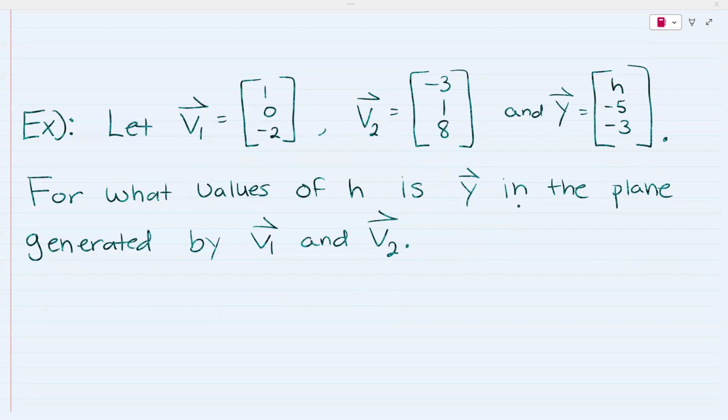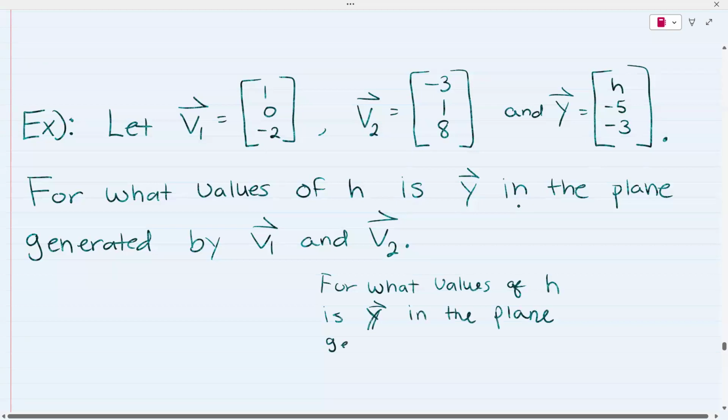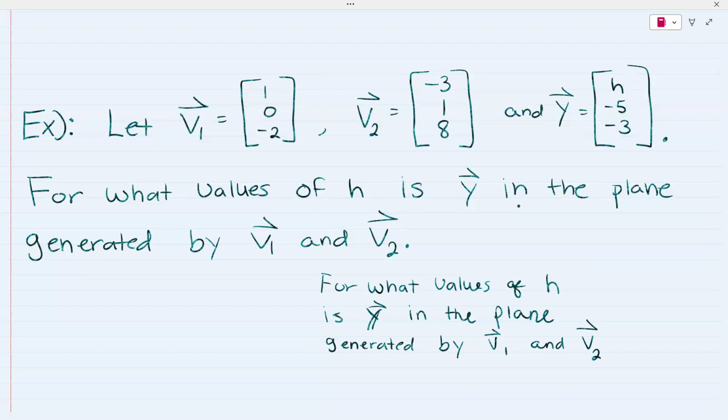So let me write this out. What they're really asking is for what values of h is vector y in the plane generated by vector v1 and v2?